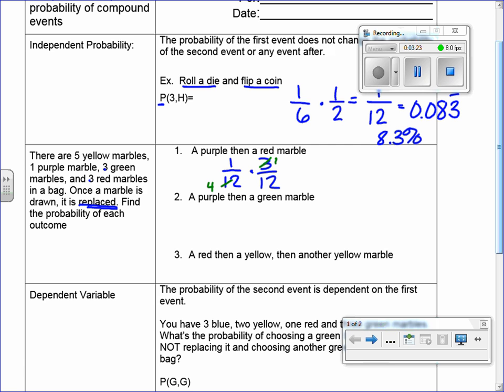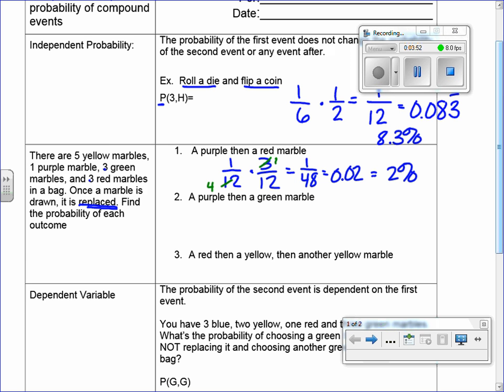And we would end up having the probability of pulling a purple marble and then a red marble would be 1 out of 48, which is 0.02, which is 2%.